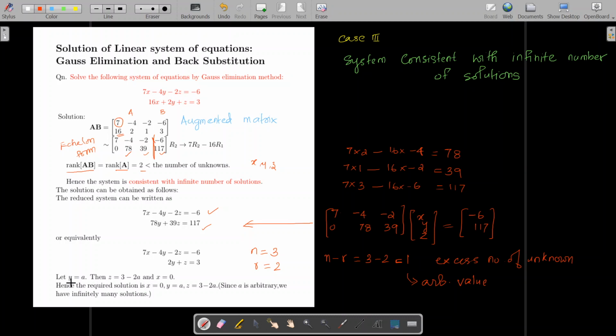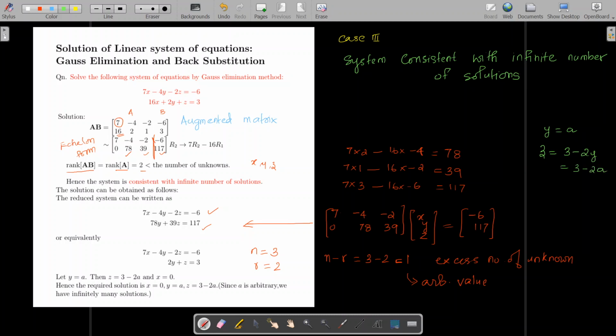Here for convenience I am going to substitute y as a. So I am going to replace this y by the arbitrary value a. Now when y is equal to a, from the same equation we have z is equal to 3 minus 2y, or 3 minus 2a.